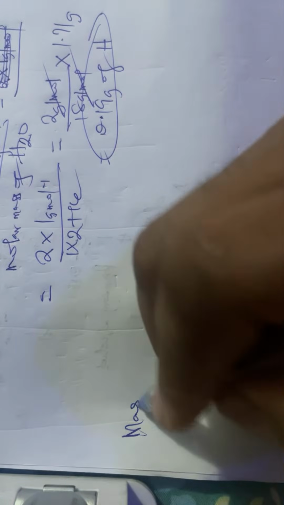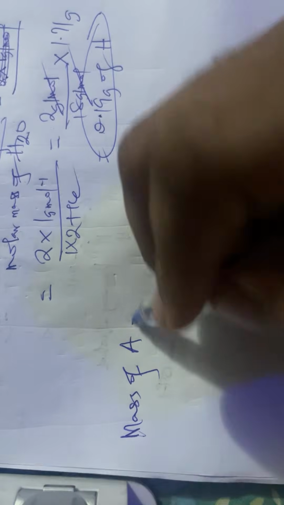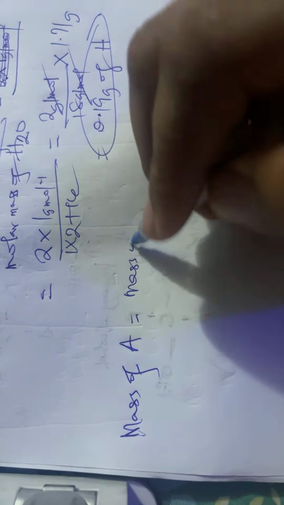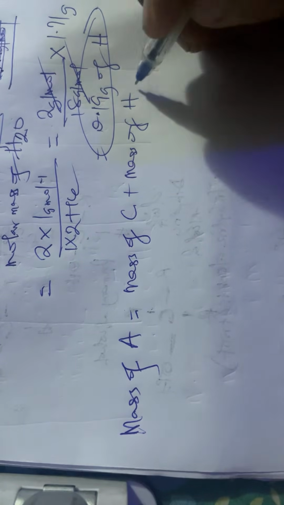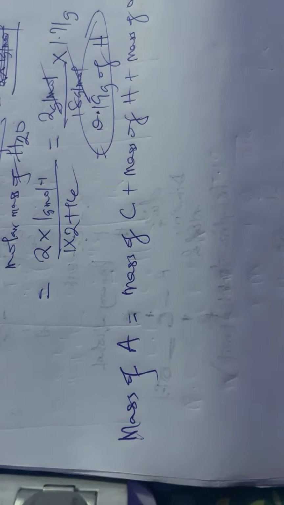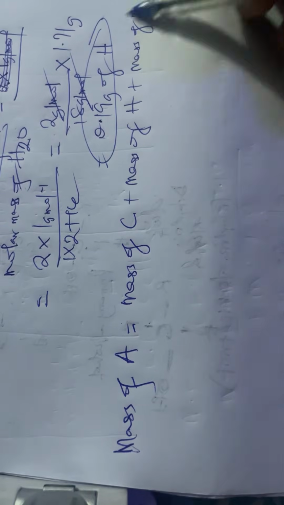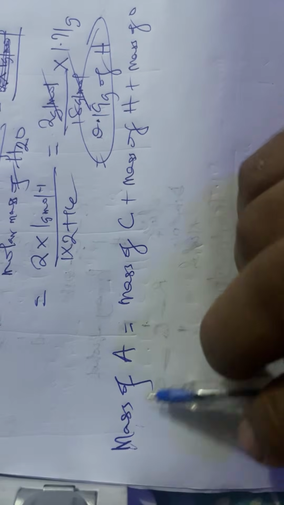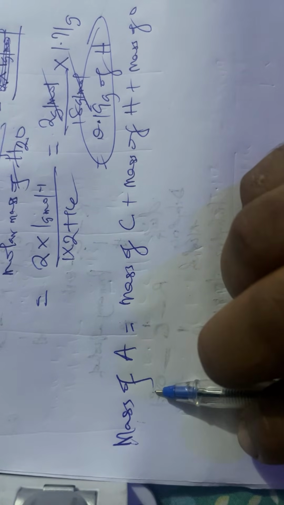Now look at what I'm saying. Mass of A is equal to mass of carbon plus mass of hydrogen plus mass of oxygen. So what is the mass of A in the question?